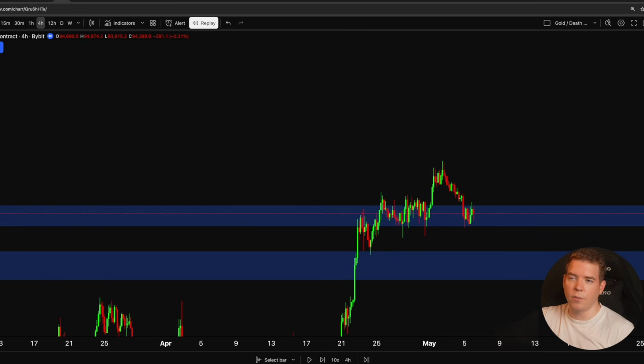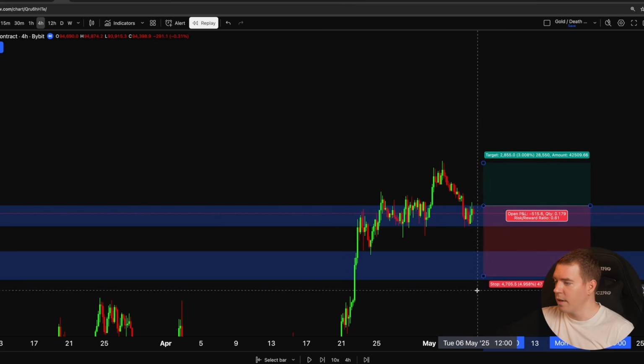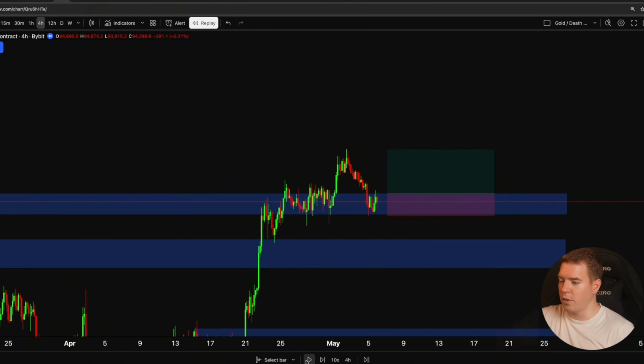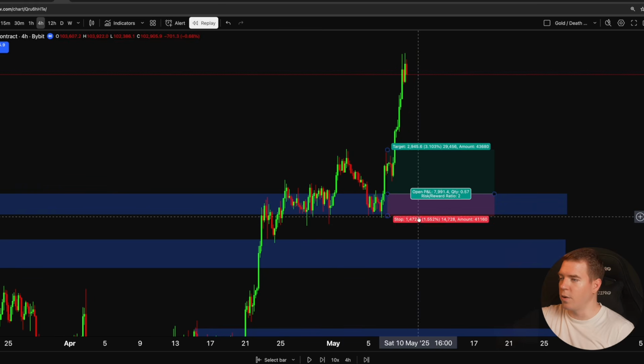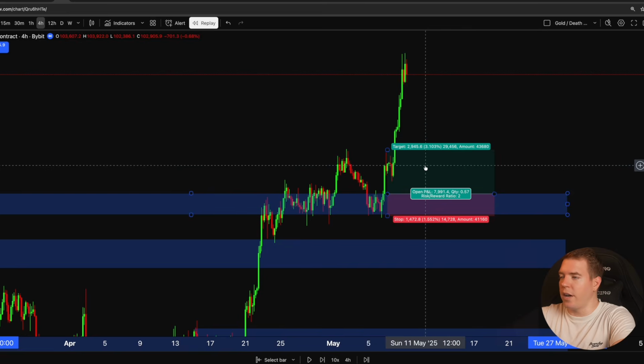So there we could have entered into a long position. Once we come here back up, aim again for a 1 to 2 risk to reward ratio, higher all the way up there, and then we see the continuation. And there we would have hit our 1 to 2 easily. We are now at 3R.